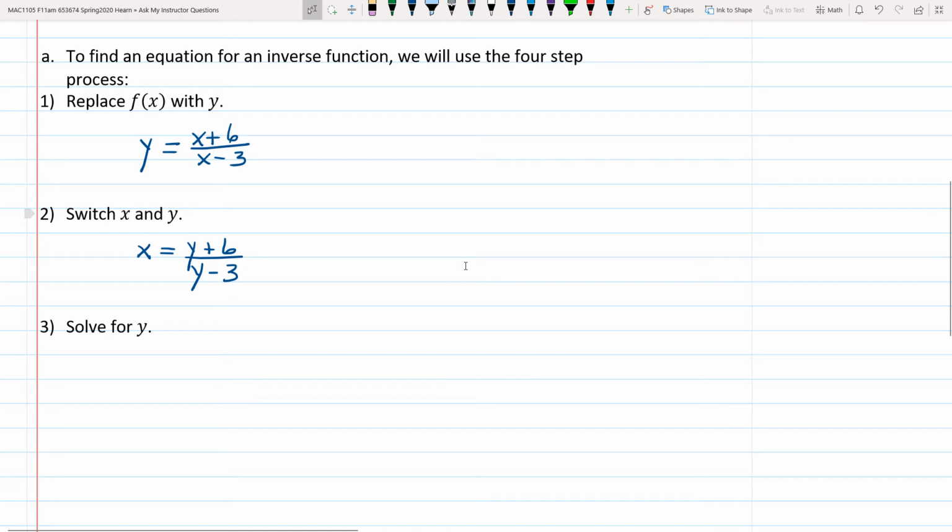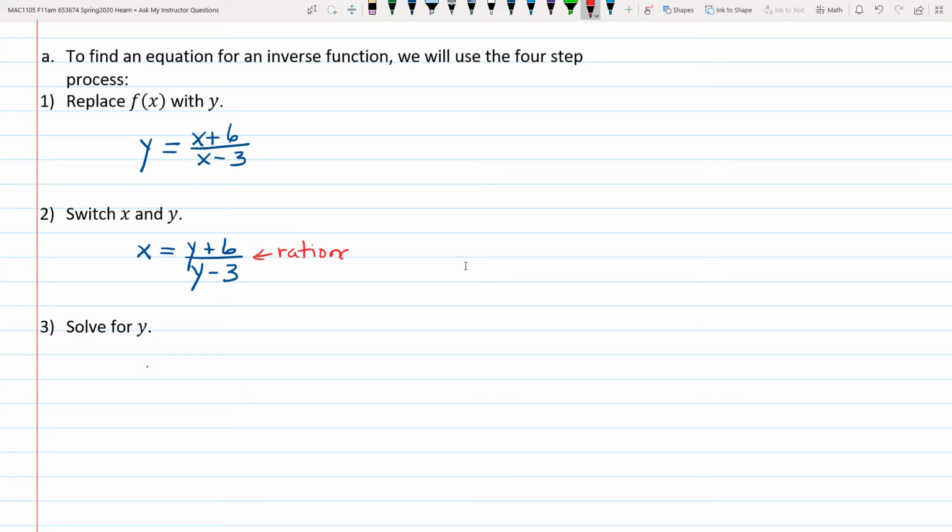This is like when you probably learned in the previous math class how to rearrange a formula for one of the variables. The first thing that we're going to do is multiply, since this is a rational equation, meaning that it has a fraction in it.